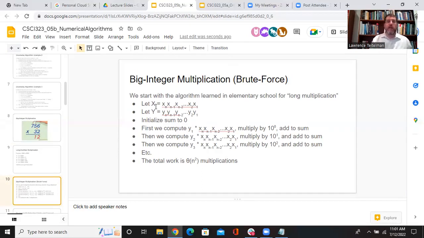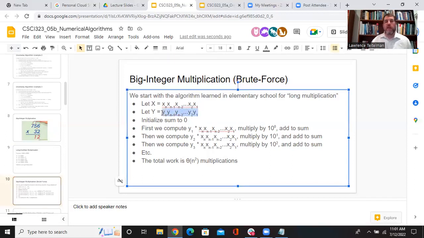Because I have N digits here, multiplying by this one thing, so that's N. Now, if I need to do that not just for one Y, but for the whole thing, how much work is being done? N squared. Okay, that's just multiplications.